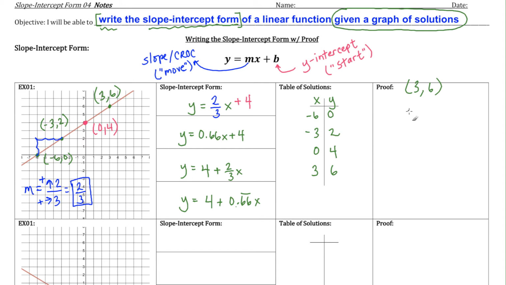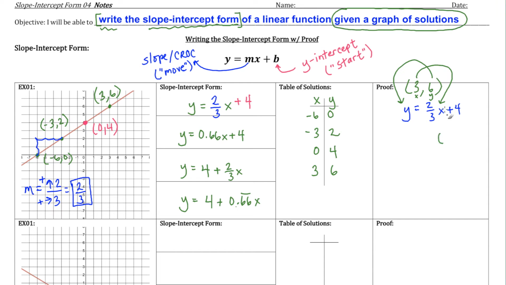I'm going to choose this one. y equals 2/3 x plus 4. And don't forget the 3 is the x, so it goes here. The 6 is the y, so it goes here.